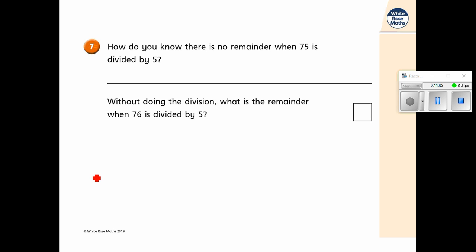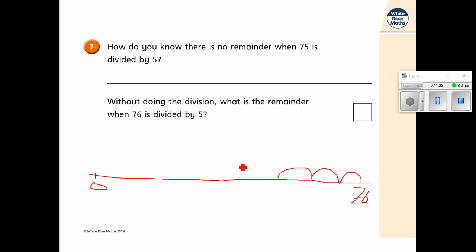Well, if we start as if we're going to do the whole thing, so we've got 76 there, and then we take away 5, and we take away 5, and we take away 5, and we've just been told that if we started with 75, we would get down to 0.